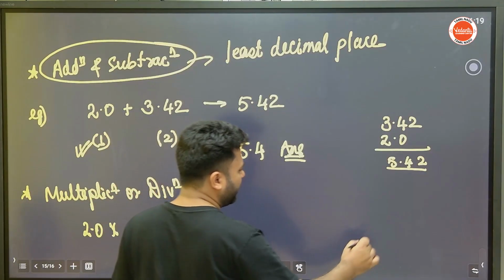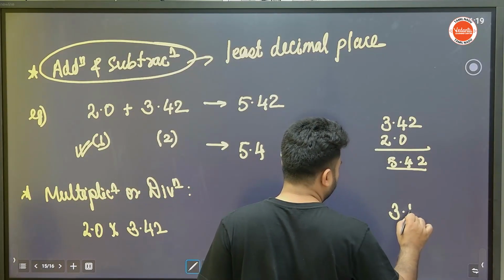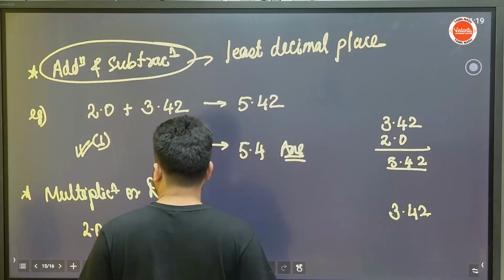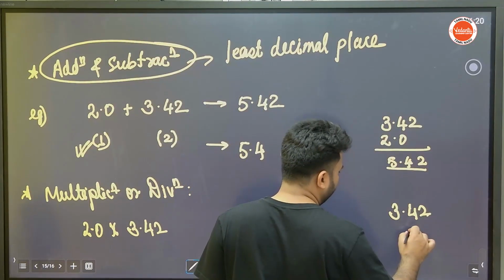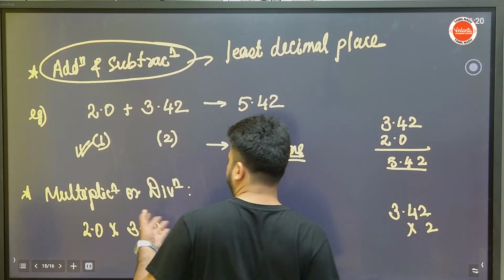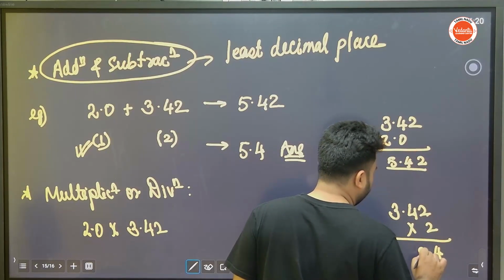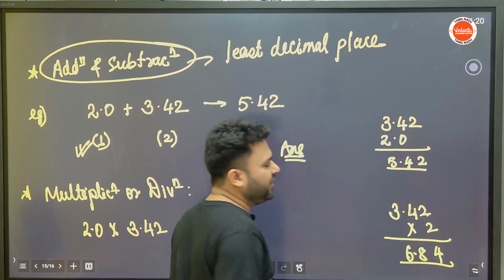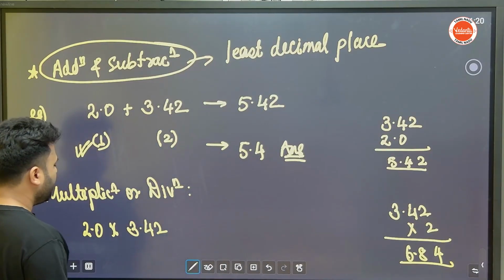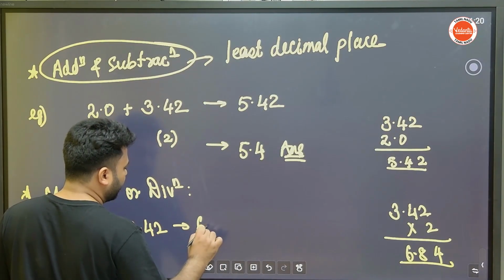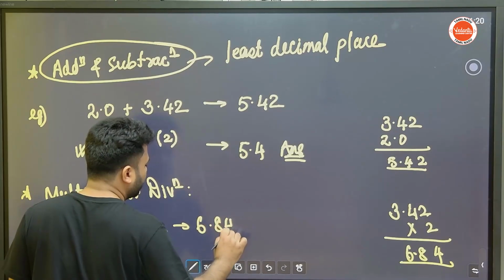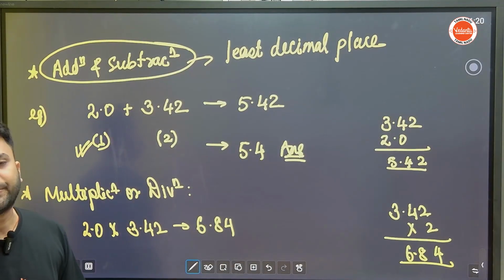First, you multiply 3.42 multiplied by 2. Directly we will write 6.84.